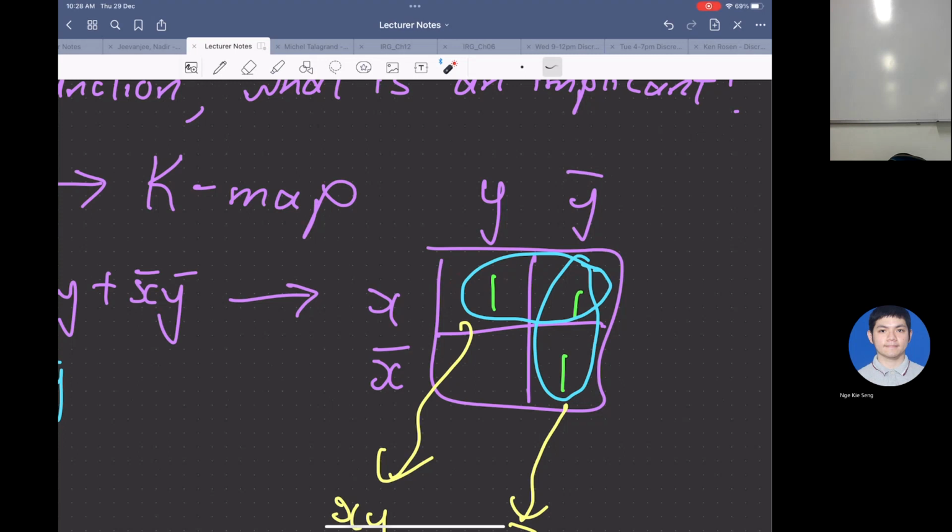If it's not, then it's not essential. But if yes, then it is essential. In this case there is a 1 that's only covered by this block. Although this 1 here is covered by the other block, this 1 is not covered by the other block. That's all.